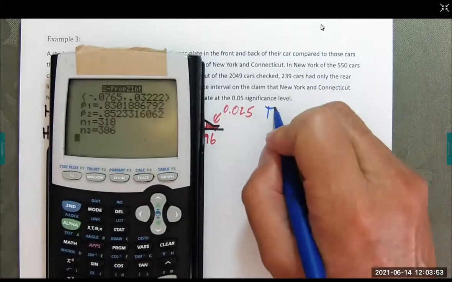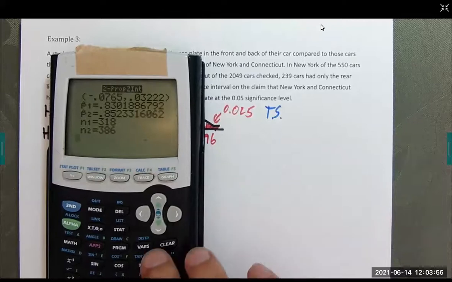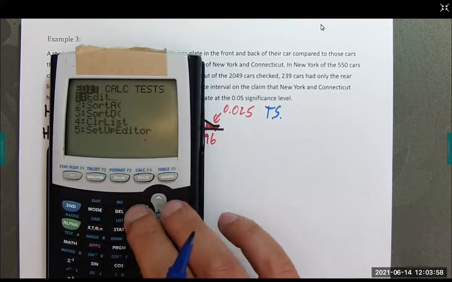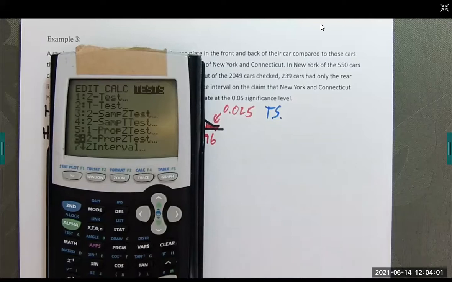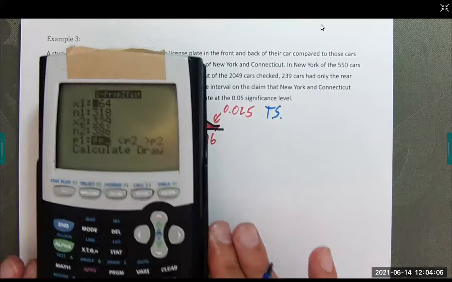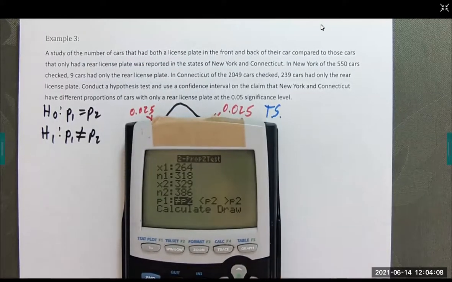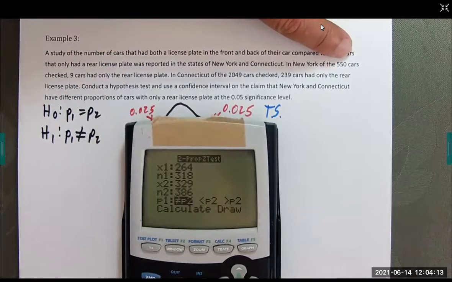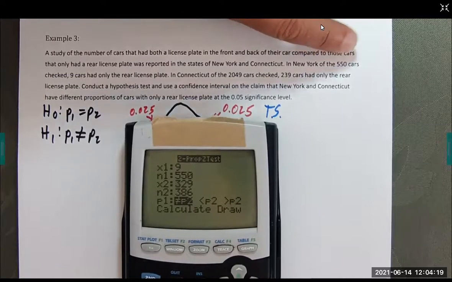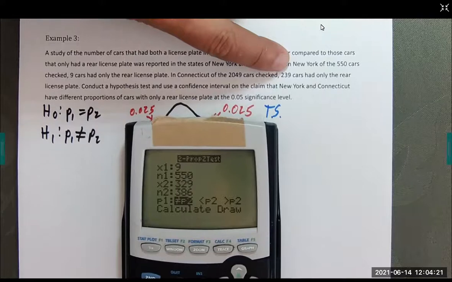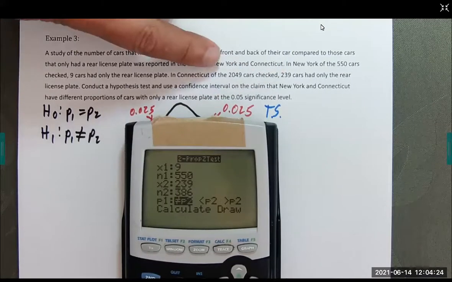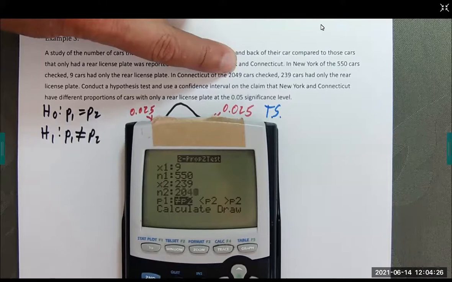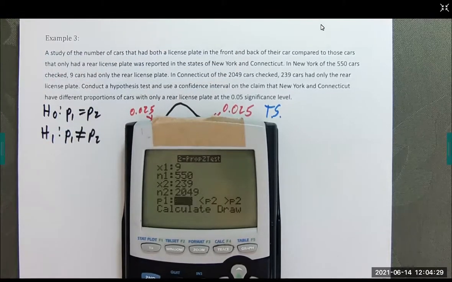So once again, I'm going to run a 2-prop Z test. And the numbers I'm going to put in here are, we'll start with the New York one: 9 only out of the 550. And here we had 239 out of 2,049. Remember, n is always the bigger number. We have a not equals to and a calculate.